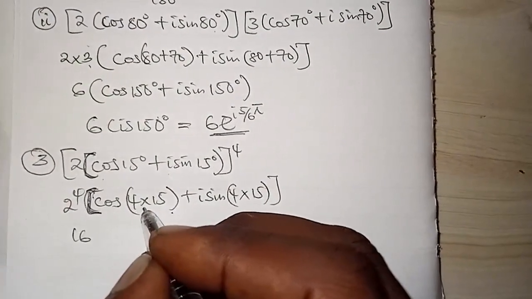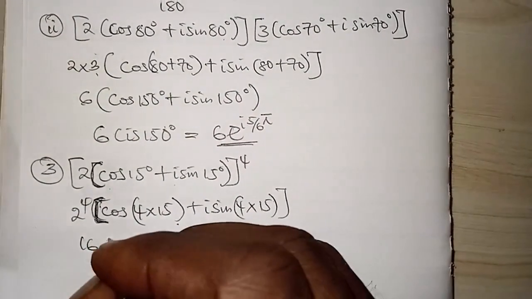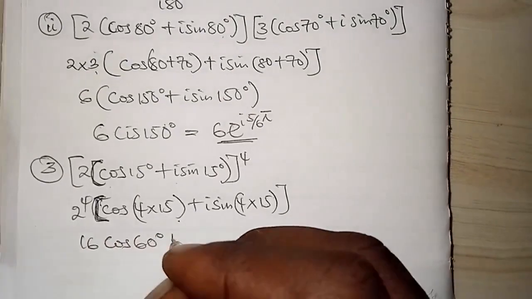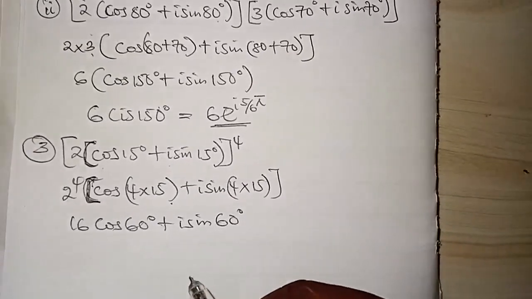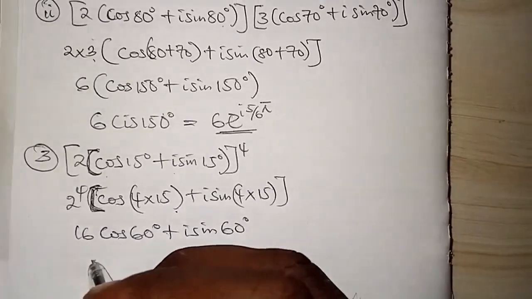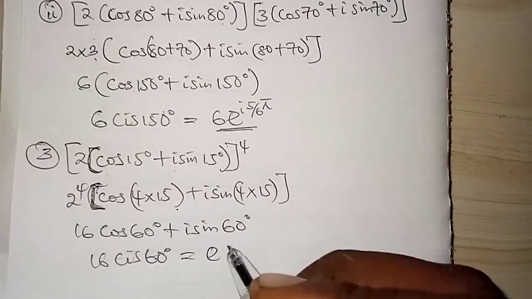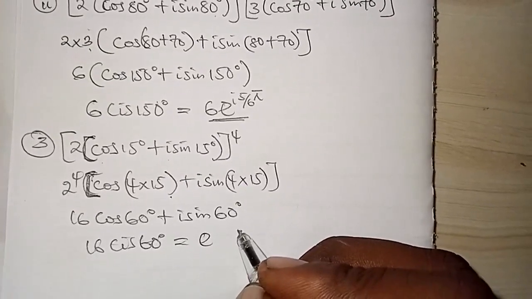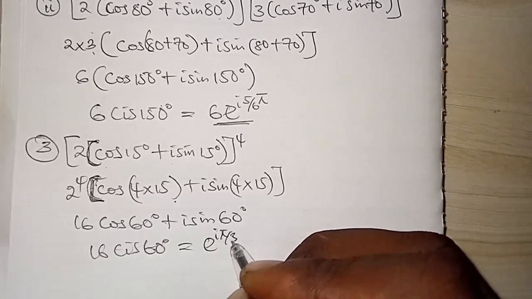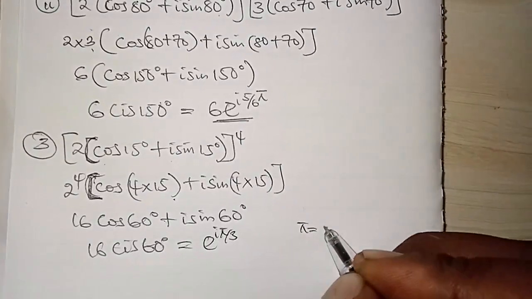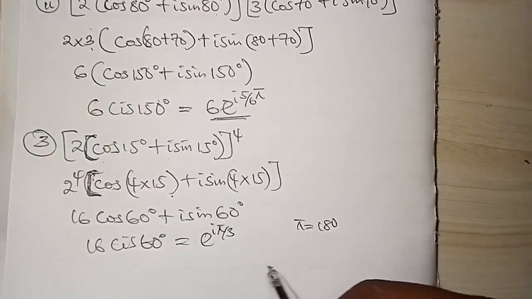We now have 4 times 15, which gives us 60, plus i sine 60 degrees. We know that if we convert, that is 16 cis 60 degrees. Converting 60 degrees to radians is pi over 3, because 1 pi is 180, and 180 divided by 3 gives us 60.